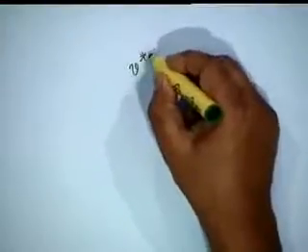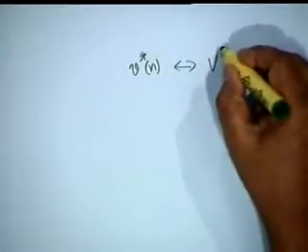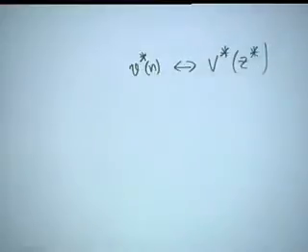We took several examples. One was to illustrate the fact that for v star of n, the z transform is capital V star of z star, and the other one involved multiple poles, and we showed how to invert with multiple poles without differentiation.